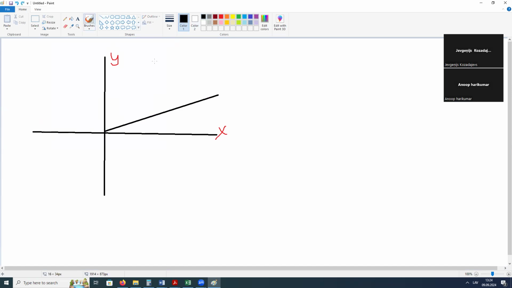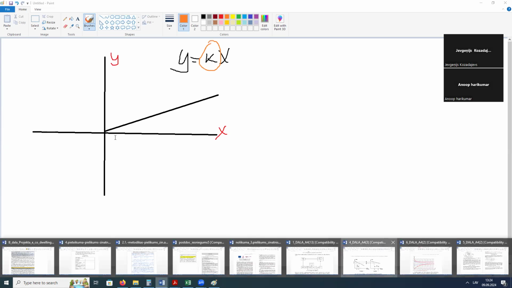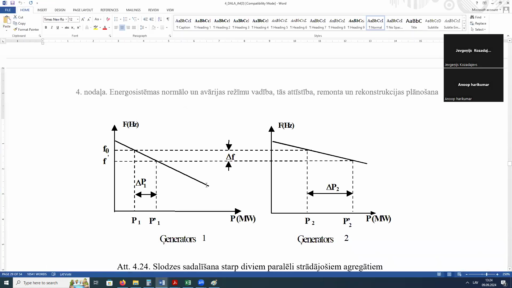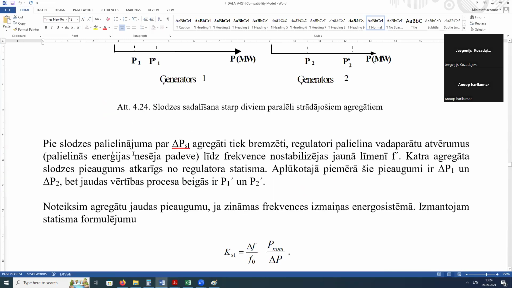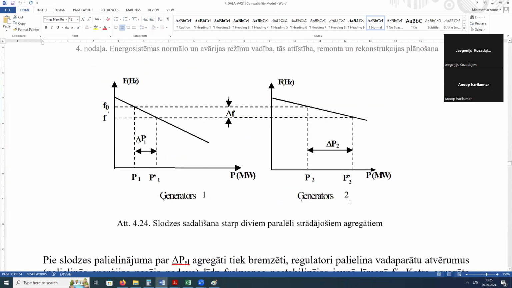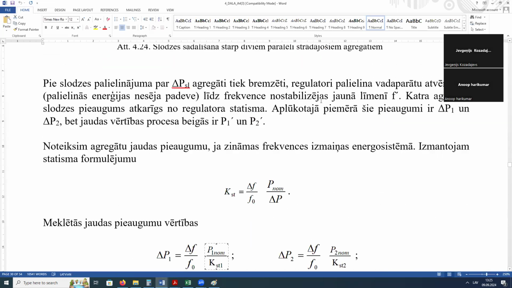What is the formula of this line? Y is equal to kx. Yes, this is from school math. And with this k coefficient, we represent this statism straight curve. So K1 is this curve and K2 is this curve.